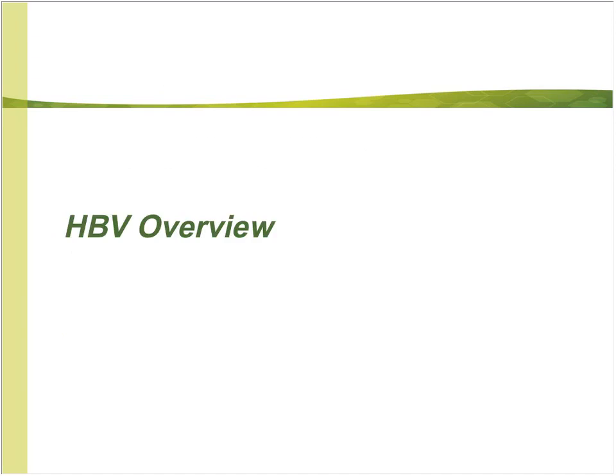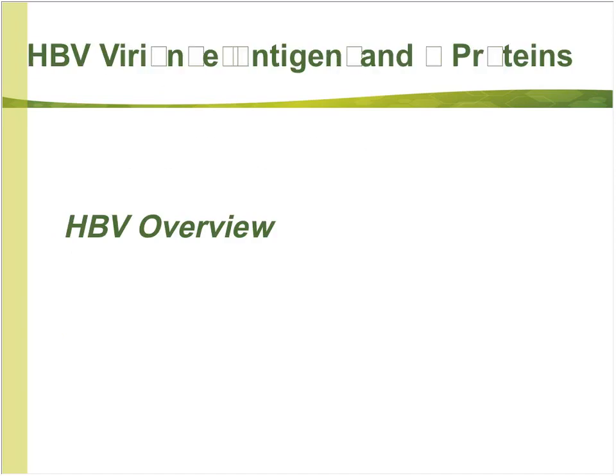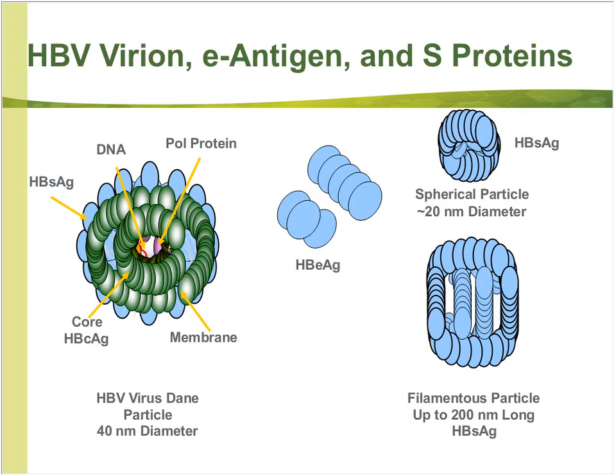All right, hepatitis B overview. This is a virus, a DNA virus that's incurable, that is surrounded by S-antigen and core antigen. The core antigen forms a capsid, and the surface antigen is part of the viral envelope. Inside the viral particle is the viral DNA. Those are the major components.